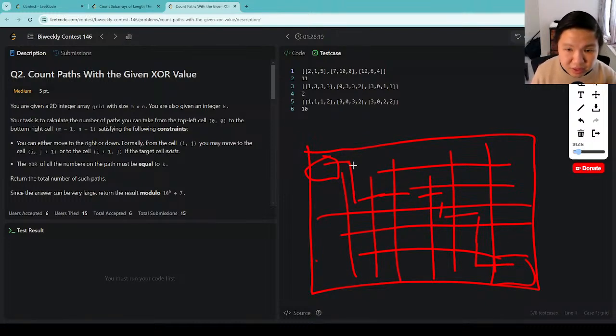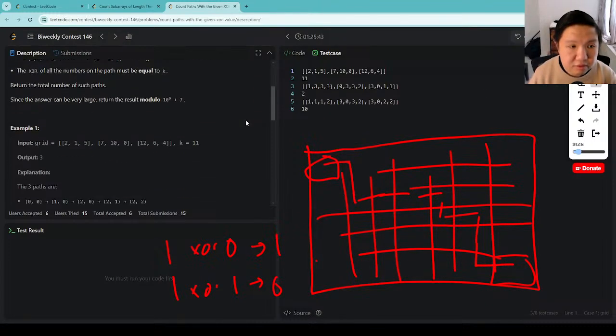And all these grids of numbers, and the XOR of all numbers on the path must be equal to k. So XOR is exclusive OR. Exclusive OR essentially means flip the bits. XOR means flip the bits.